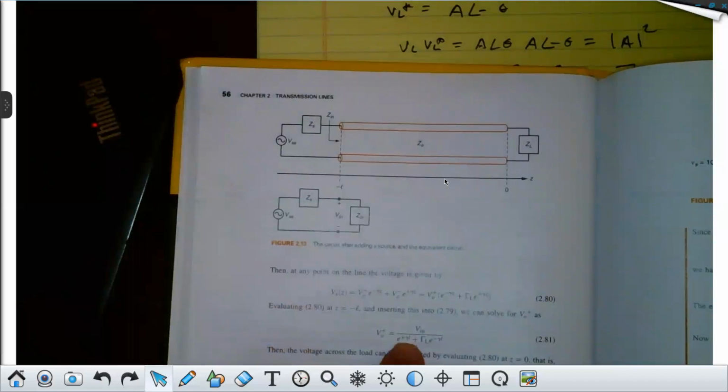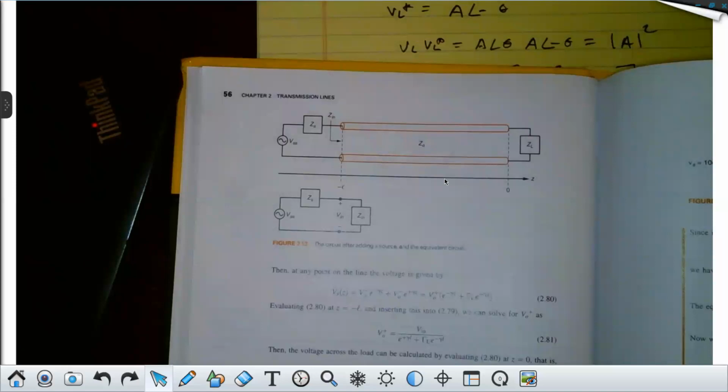It's almost never used. I'm just telling you that. See how he has a gamma there instead of j beta? So he has e to the positive alpha L there, that means he assumed it could have a loss. It could have an alpha that's not 0. Almost all the time, we don't do that. But he's talking about this.